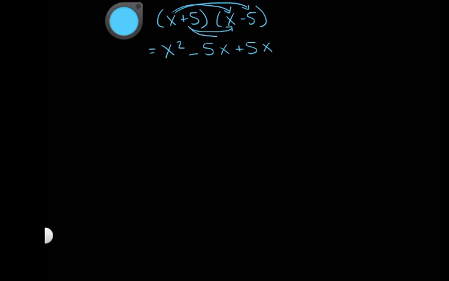And positive 5 times negative 5 is a negative 25. When I combine my like terms, this x squared is on its own, so x squared. Negative 5 plus 5, those two terms just disappear, right? Because negative 5 plus 5 is 0. So all I'm left with here is minus 25. So we are back to the question. This was our question.